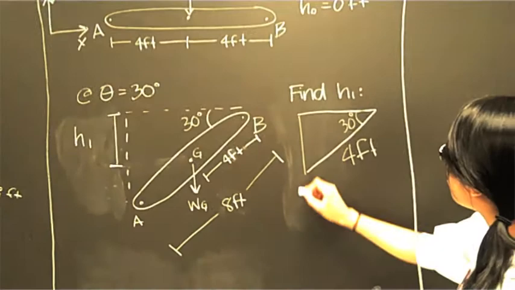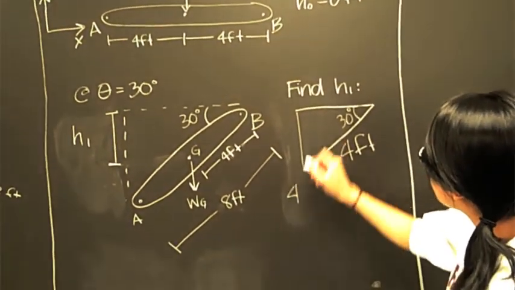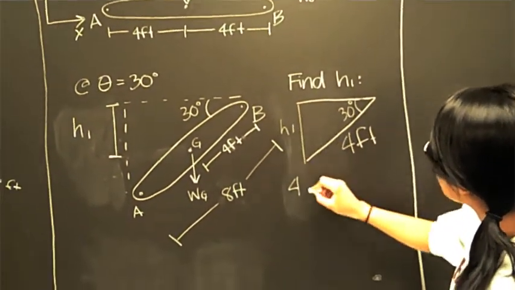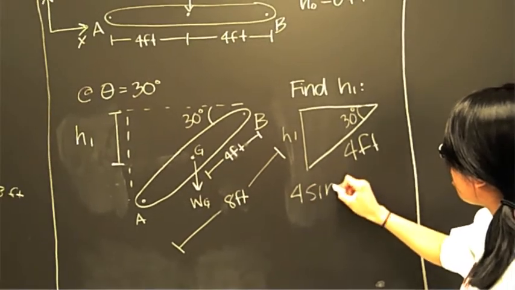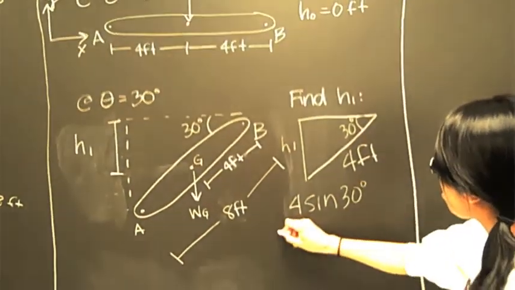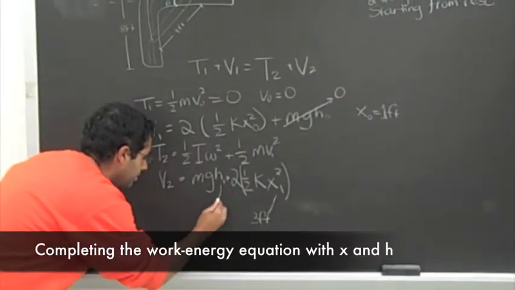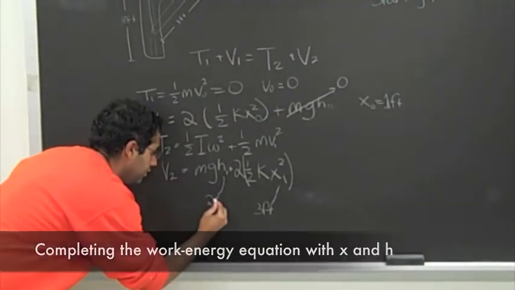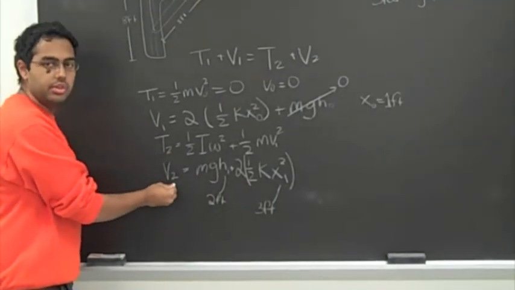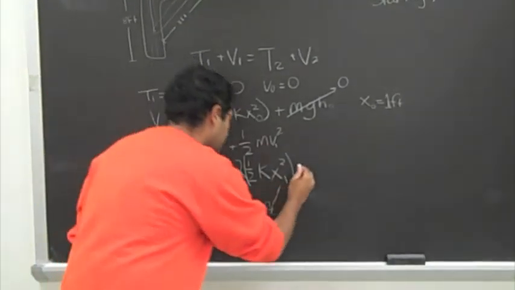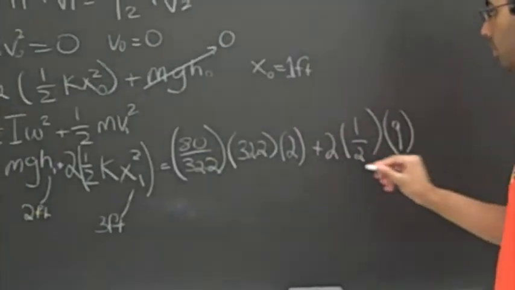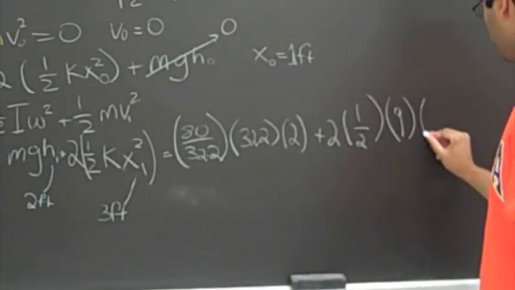And so using trigonometry, we can conclude that this length, H1, right here, is 4 sine 30 equals 2 feet. H1 comes out to be 2 feet. We can complete the V2 expression, which comes out to be times x1 squared.